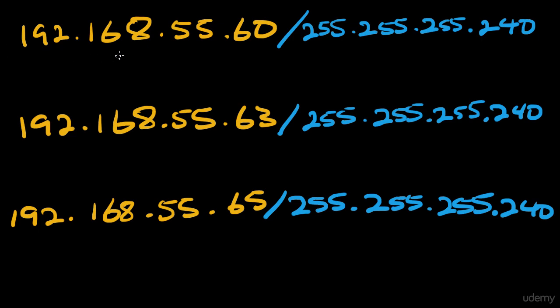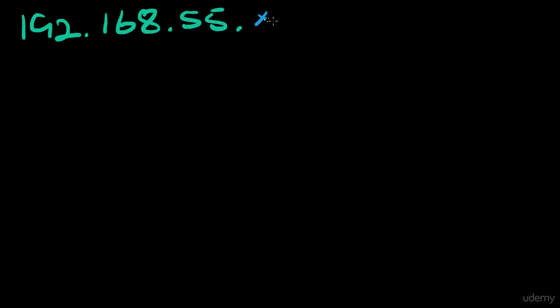They took 192.168.55 and they subnetted it with 255.255.255.240. Let's see if we can do that. 192.168.55. I'll write out the last octet in X's: 1, 2, 3, 4, 5, 6, 7, 8.